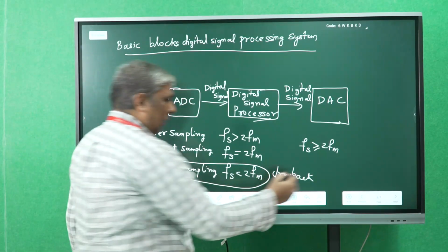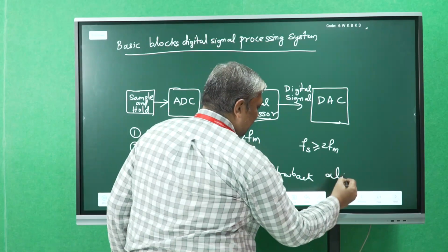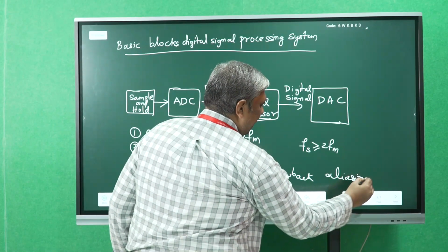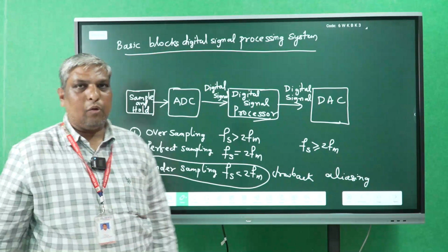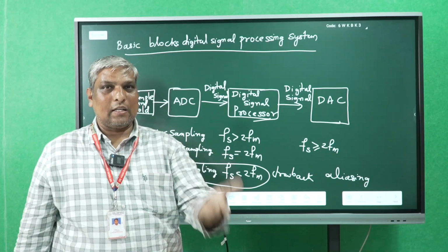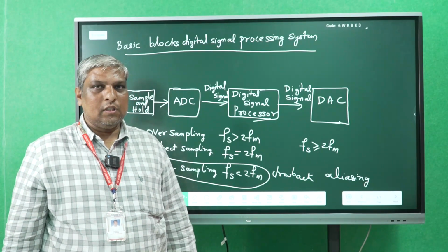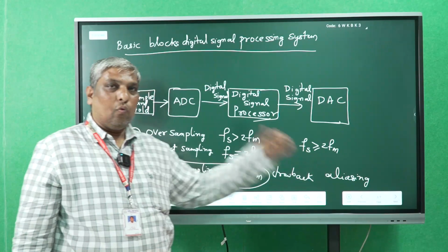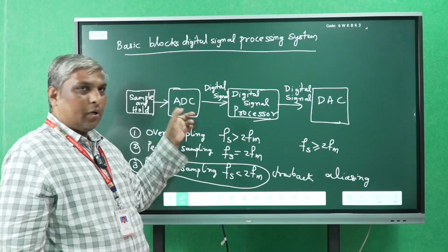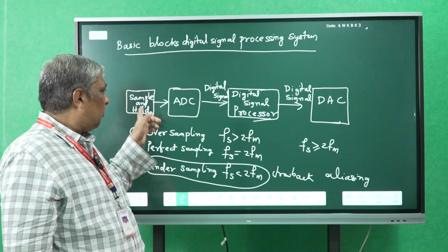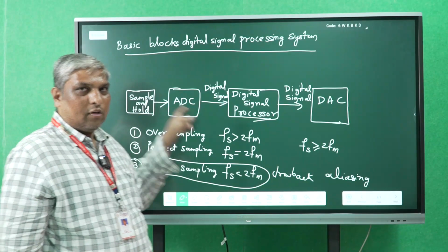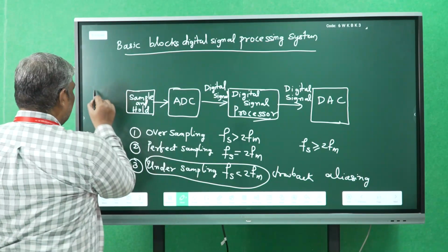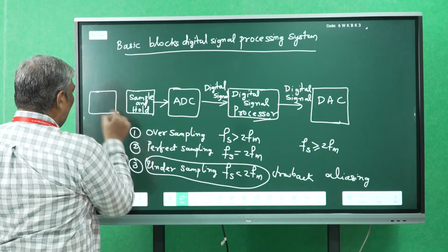The drawback is called aliasing, that is, one spectrum will be overlapped onto the next successive spectrum. To avoid the aliasing effect while performing the sampling operation in the sample and hold for this analog to digital converter, I am using a low pass filter.